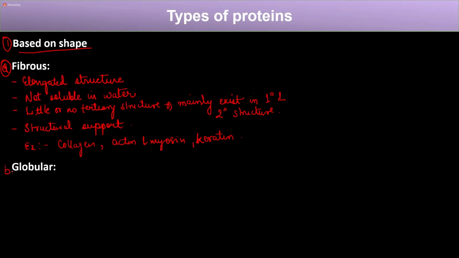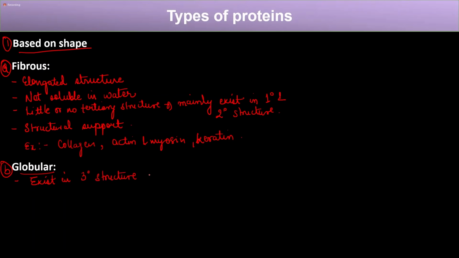Now the second type of protein is globular protein. What we saw in the case of fibrous protein is that they have little or no tertiary structure, and they mainly exist in primary or secondary form. But globular proteins mostly exist in tertiary structure.